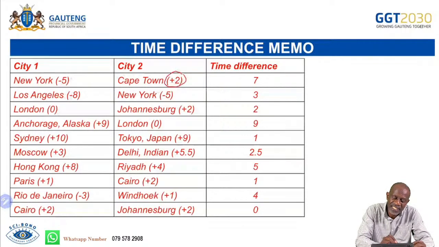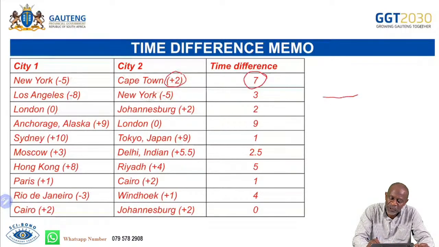So nothing changes here. We have counted 7 times, and we have arrived at a time difference of 7.